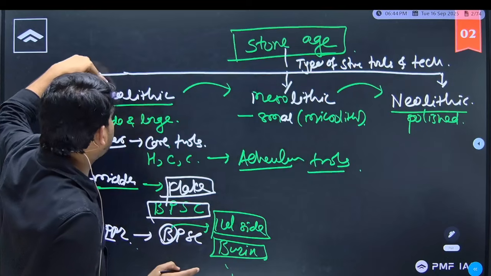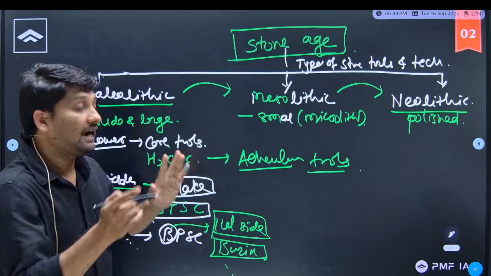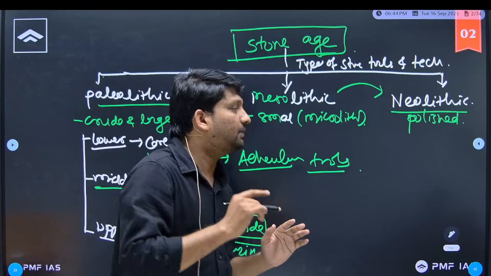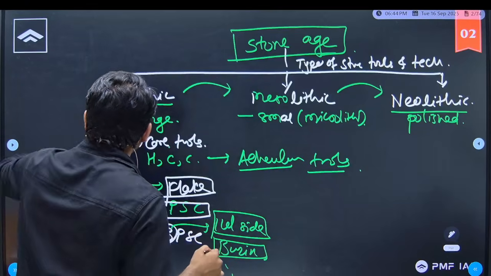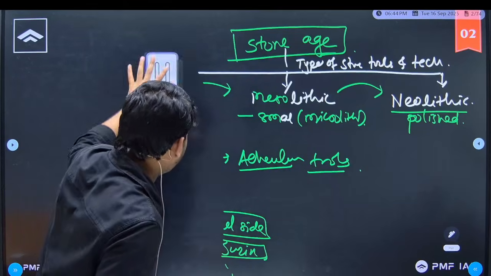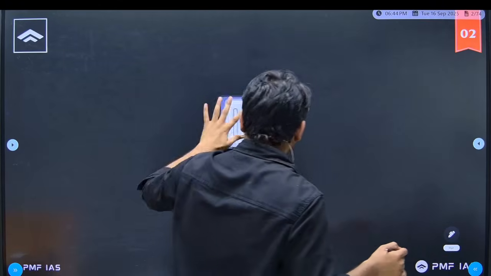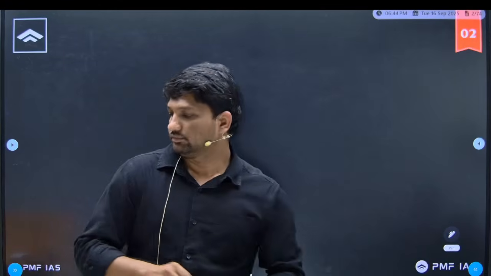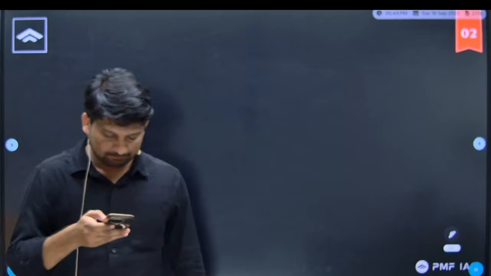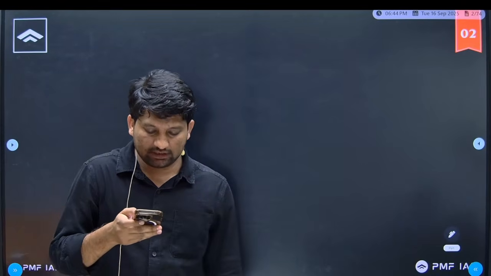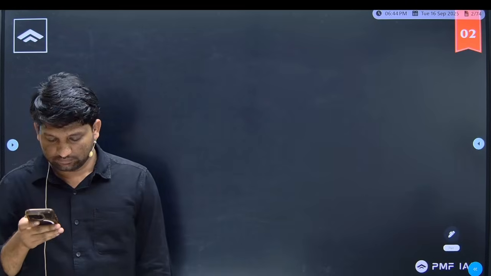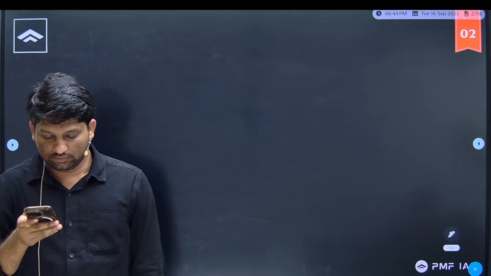So we have discussed the Paleolithic, Mesolithic and Neolithic. At the same time, we have discussed their time period. What is the time period of the Paleolithic phase in India? Tell me in the comment section. 6 lakh to 10,000.